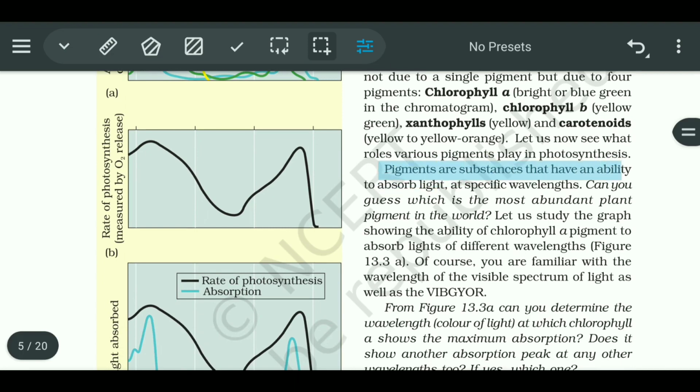Pigments are substances that have the ability to absorb light at specific wavelengths. Can you guess which is the most abundant plant pigment in the world? Let us study the graph showing the ability of chlorophyll a to absorb light of different wavelengths, Figure 13.3. Of course, you are familiar with the wavelengths of the visible spectrum of light as well as the colors.